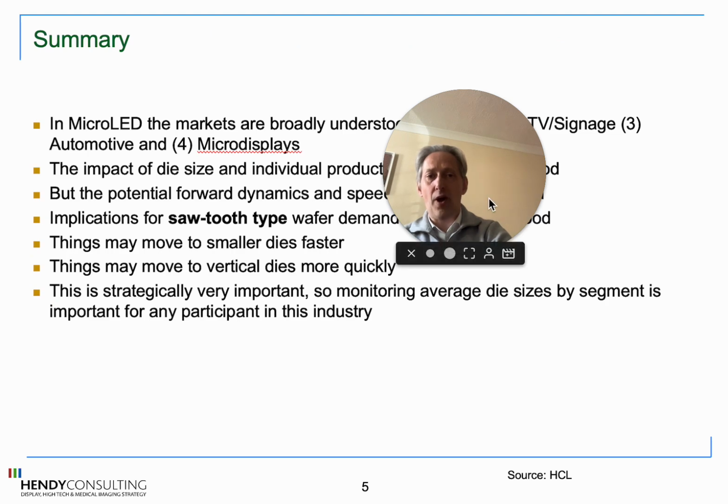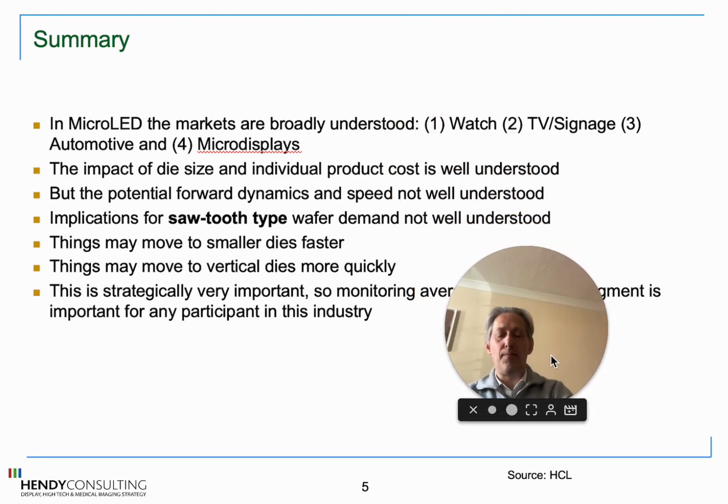So then, I think it's broadly understood that the markets for micro-LED are watch, TV, signage, automotive, and microdisplays for heads-up AR, VR. I think the impact of actual die size on product cost is really well understood. But I don't think the forward-looking dynamic change in cost with die size is so well understood, and definitely I don't think the sawtooth behaviour of wafer demand is well understood.